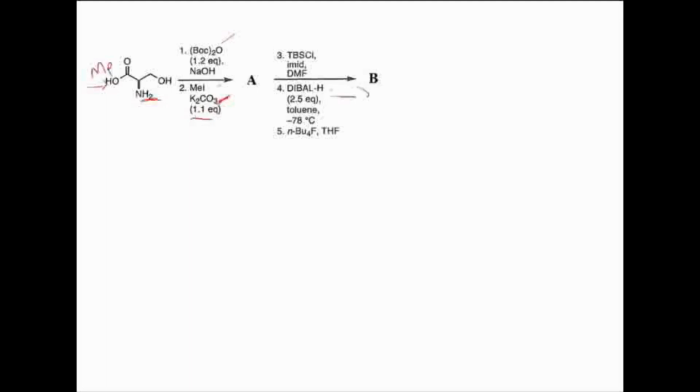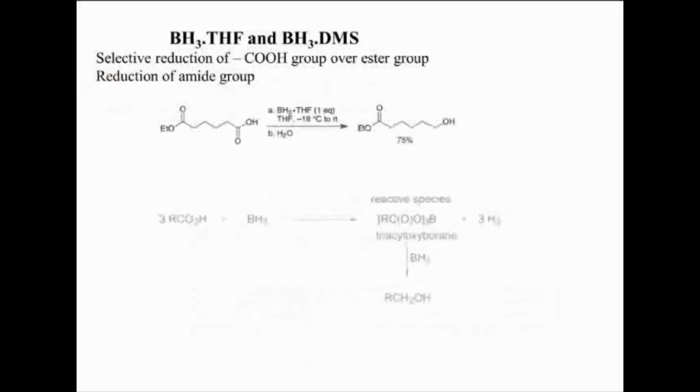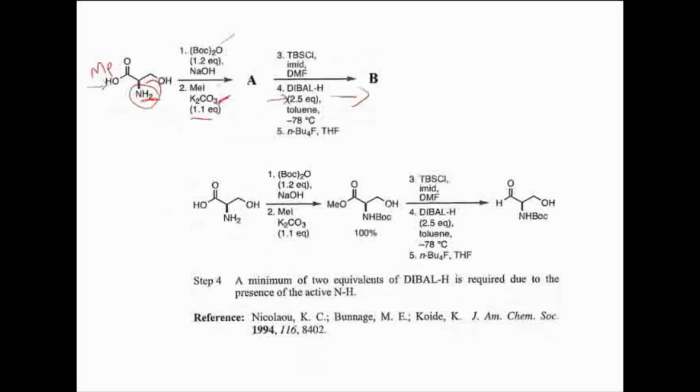Now we are using DIBAL at minus 78 degrees, with 2.5 equivalents, but the reaction is ester to aldehyde only. Why are we using 2.5 equivalents? Because the amine group will also have some effect and will also react with this DIBAL. Because of the presence of active amine, to compensate for that we are using the extra equivalents of DIBAL, but the temperature is minus 78 degrees.